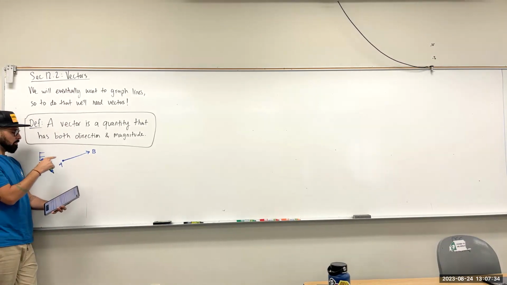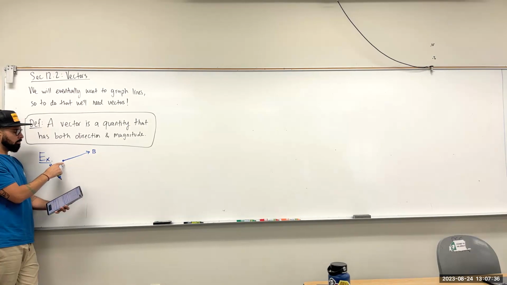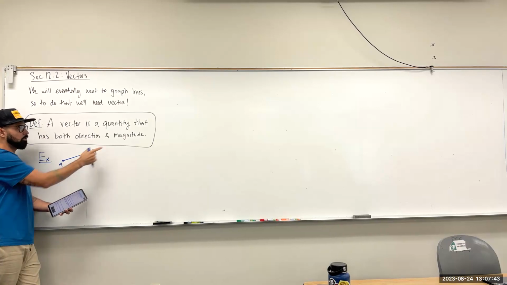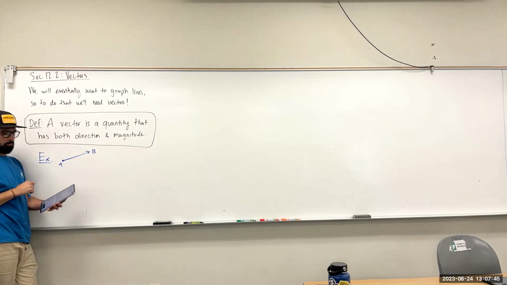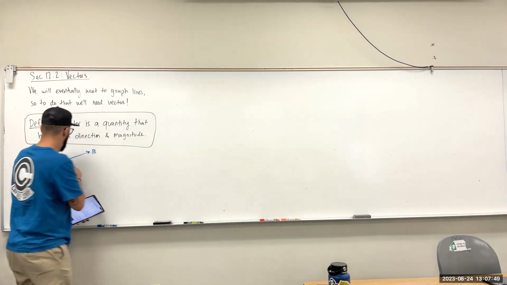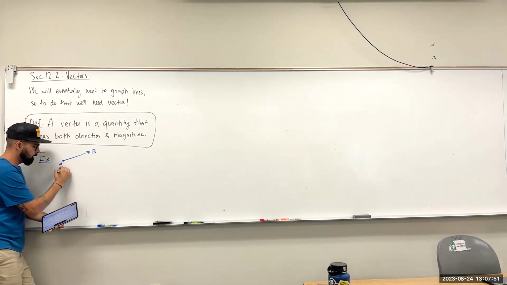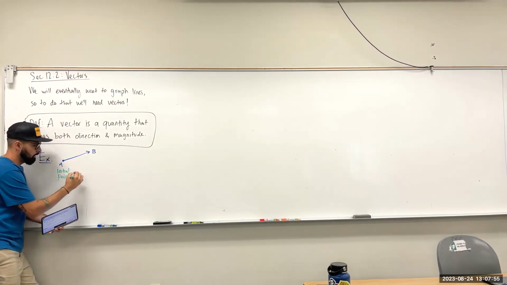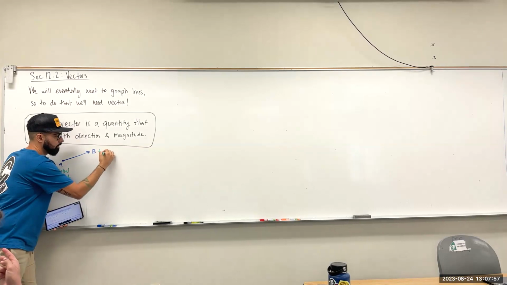This is telling me that an object, for example, will move from point A to point B. And the length of this will represent the magnitude. Where it starts is called the initial point, and where it ends is called the terminal point.